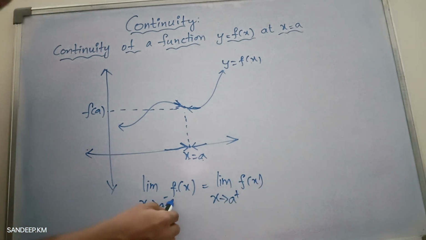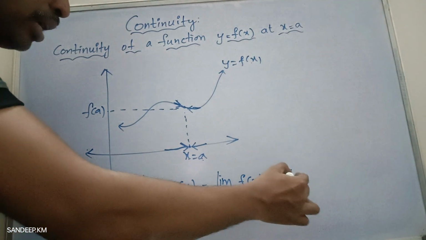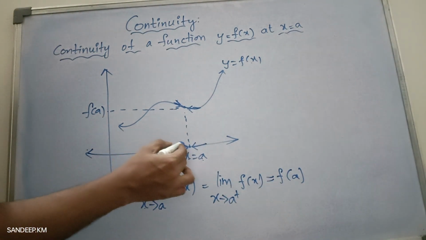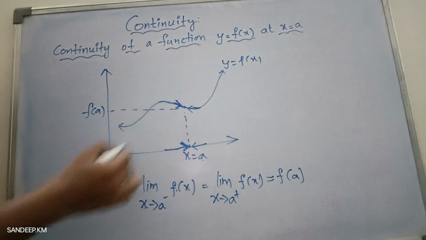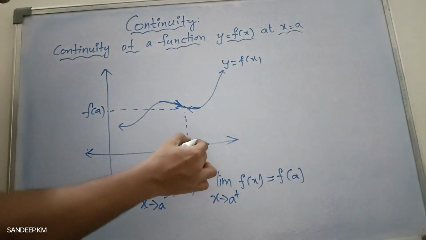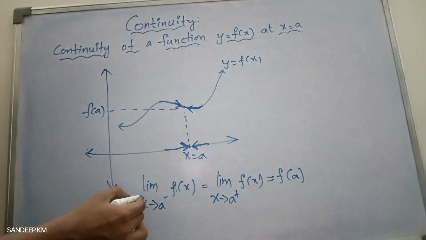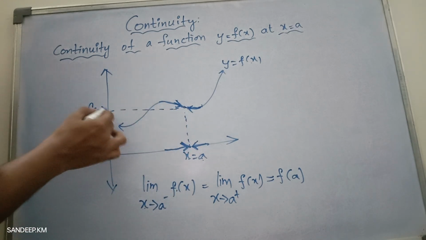That means LHL should be equal to RHL, and at the same time it must be equal to the value of the function. Dear students, when input is approaching a from the left side, the output is approaching some number. When input is approaching a from the right side, the output is approaching some number. Now both the numbers must be equal to what? The value of the function.